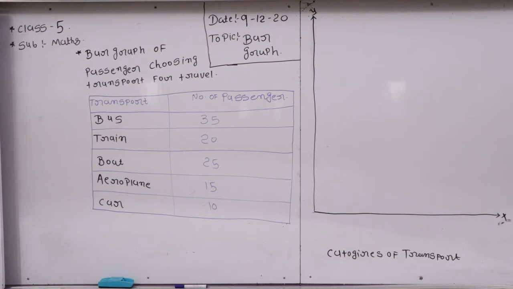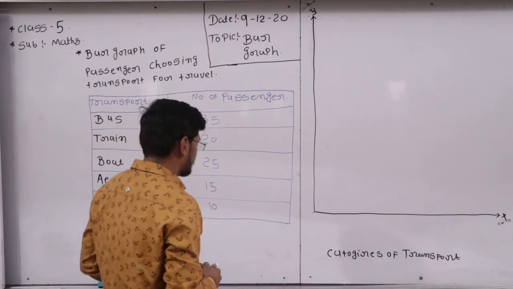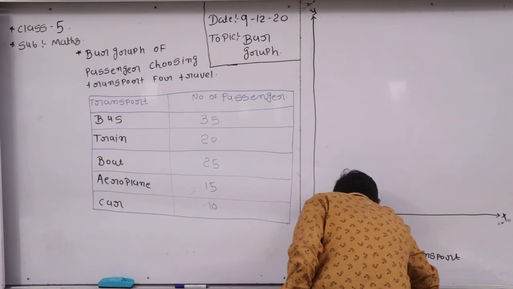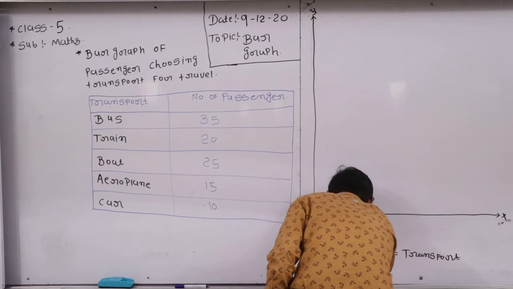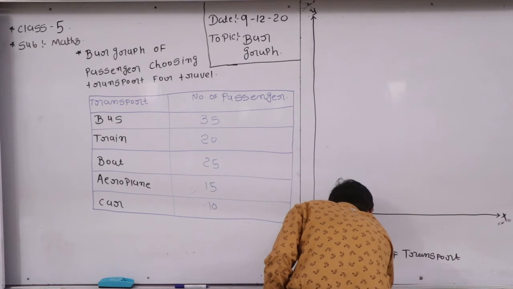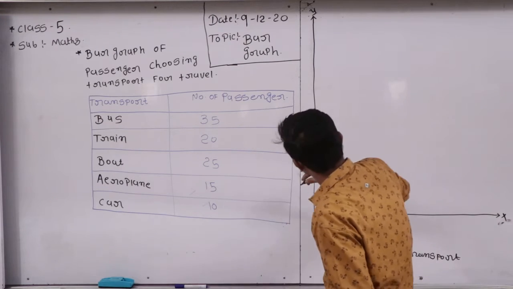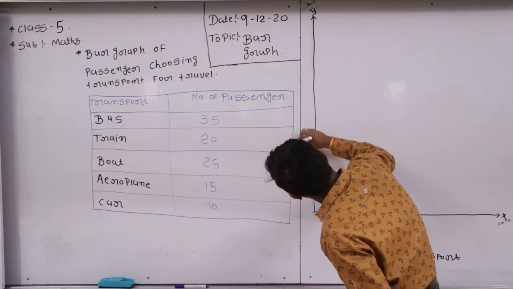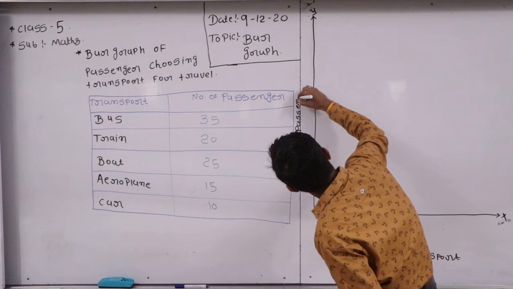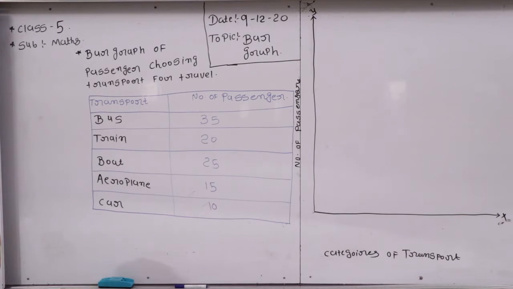And on the y-axis we choose number of passengers.